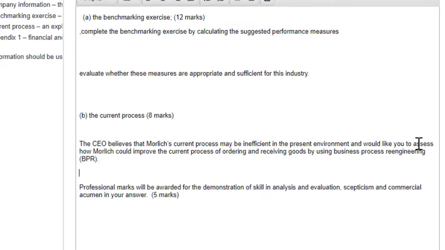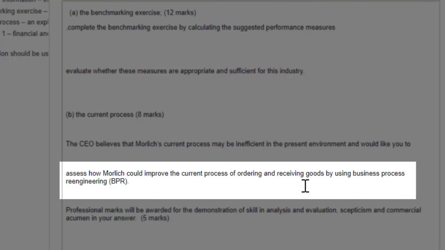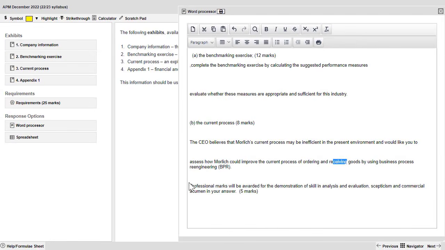And first verb, assess how Morlich could improve their current process of ordering and receiving goods by using business process reengineering. Team, this is where it's important to have some practical knowledge of these APM tools. If you have only read the textbook, it's going to be really hard to generate ideas.